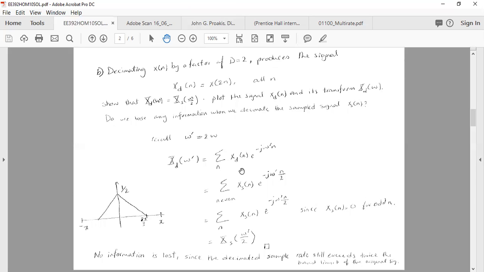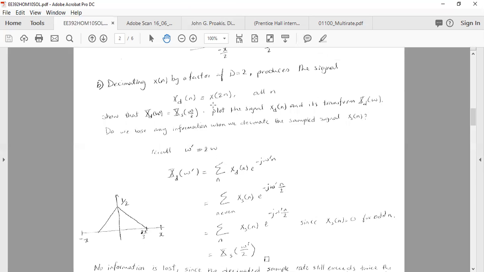Now, based on this, you can see x_d[n] is basically all the even values of the sampled signal, isn't it? So it is x_s[n] e to the power of minus j omega n divided by 2. The n divided by 2 indicates our signal is basically at even values.